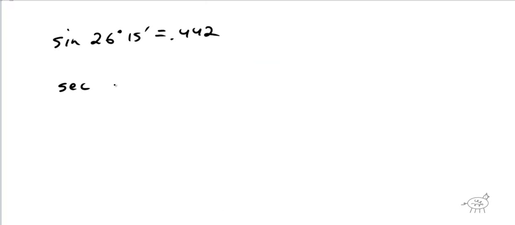If I said secant of 47 degrees, how do you do that problem? This is really horrible, and I don't want you to do this. People do this. They say, well, secant goes with cosine, so they do cosine of 1 over 47. That is horrible. In fact, I just want to show you what that's going to give you.